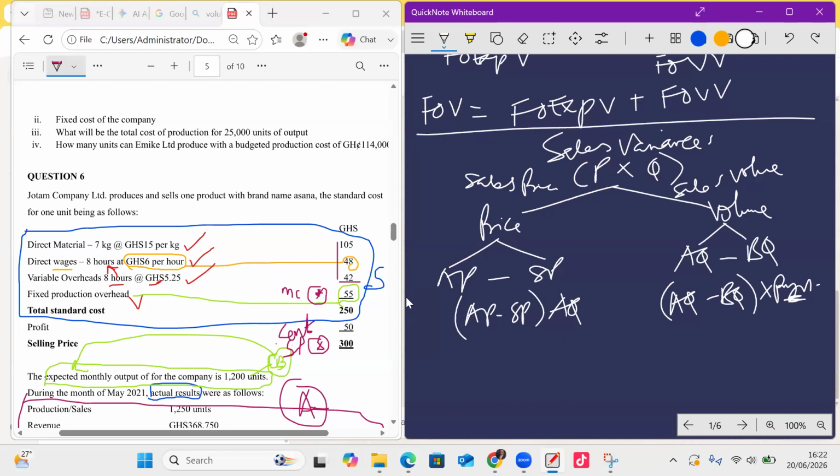But here, because we have a fixed overhead, that's why we are using profits.